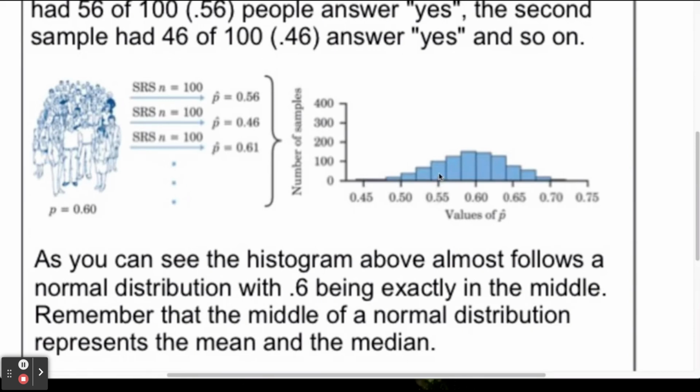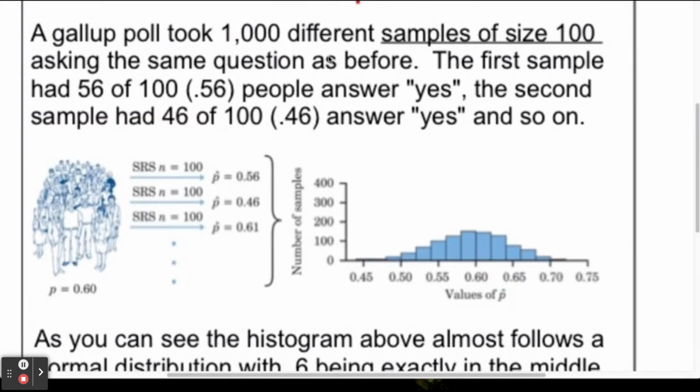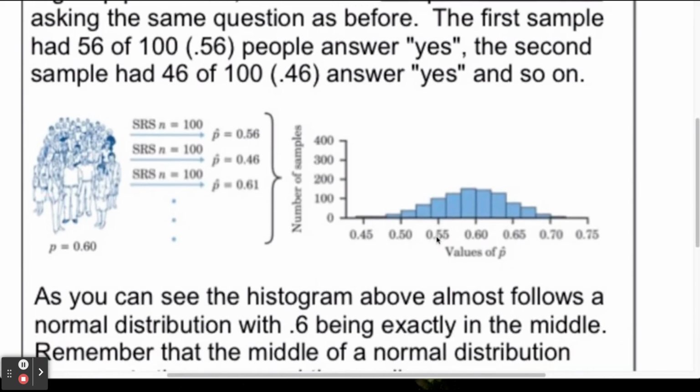55% is right here, and that bar is at about 100. So what that means is that there were 100 samples where 55% of people said yes. Remember, they took 1,000 total. So of that 1,000, 100 of them included 55% of people saying yes.